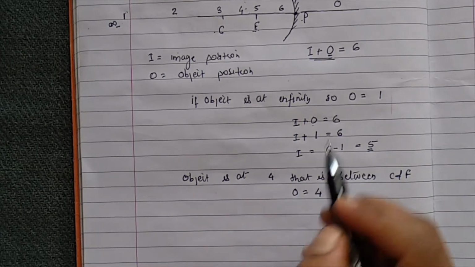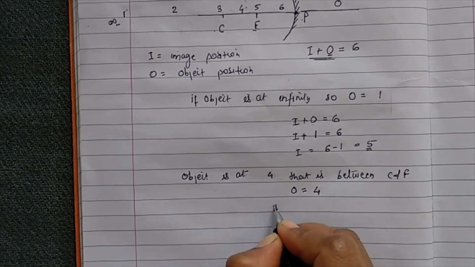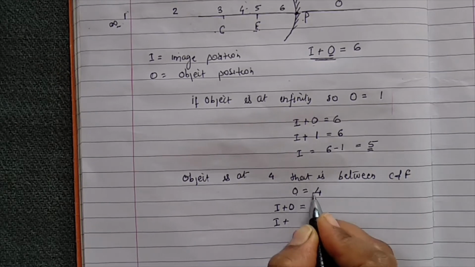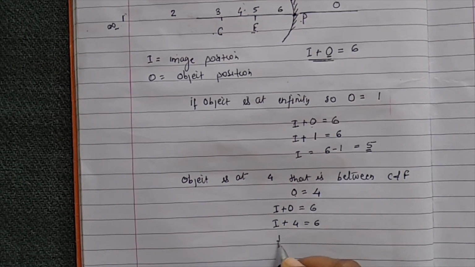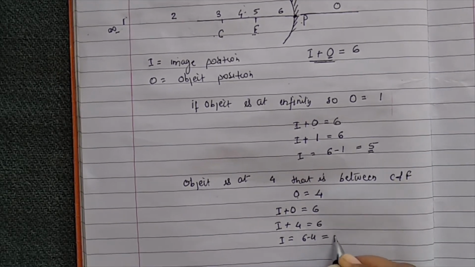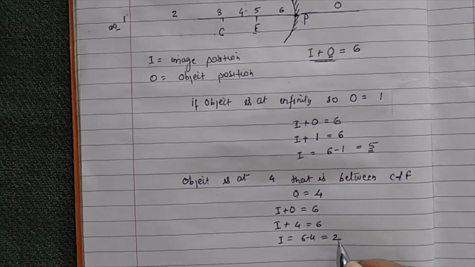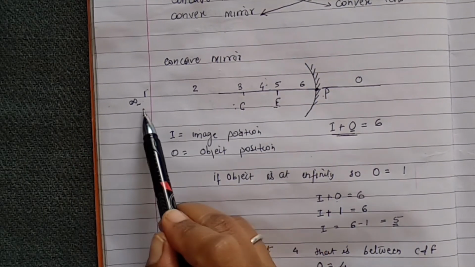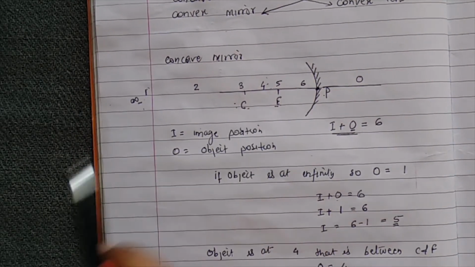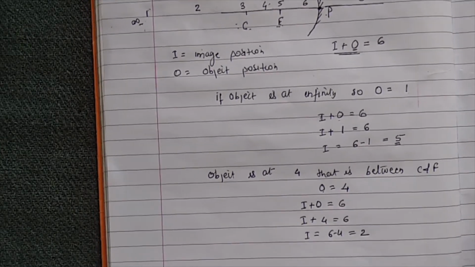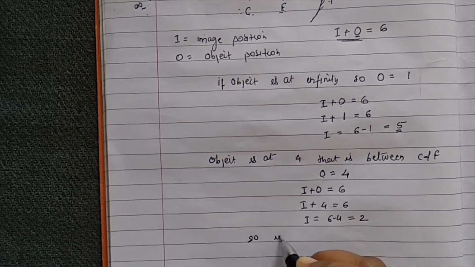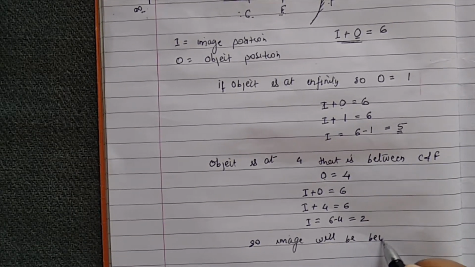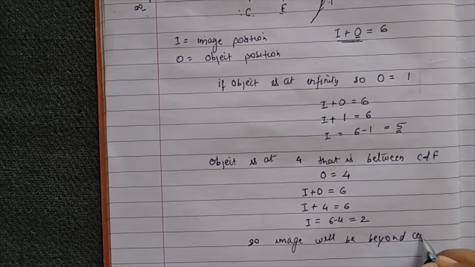Again the same formula: I plus O equals 6. Object is at 4, so that is 6 minus 4, which is 2. So the image will be at 2. And 2 is where? It will be between infinity and center of curvature, or you can say beyond the center of curvature. So the image will be beyond the center of curvature.